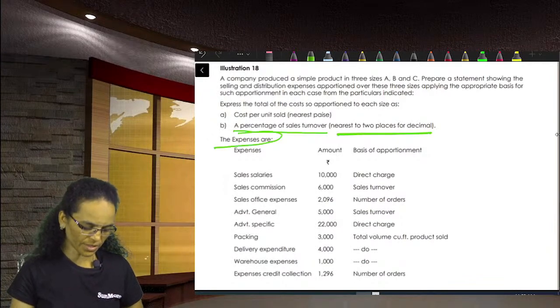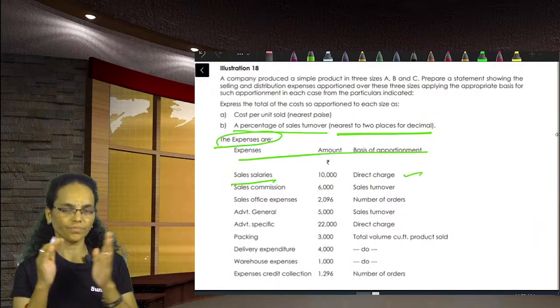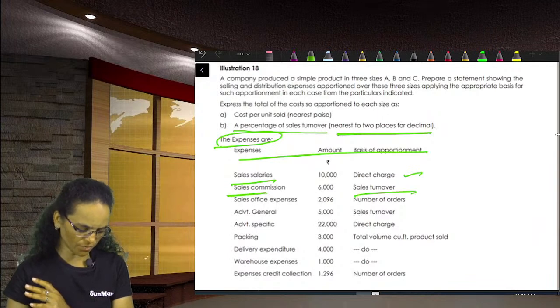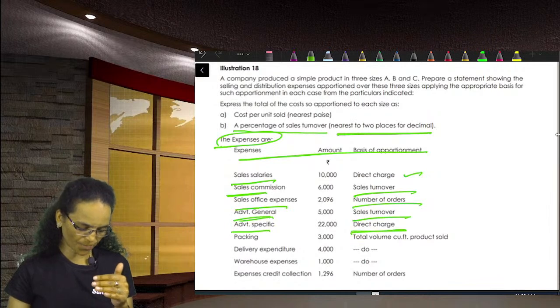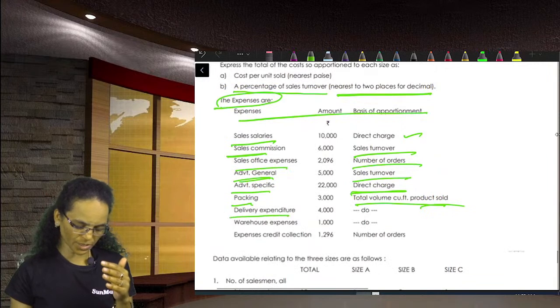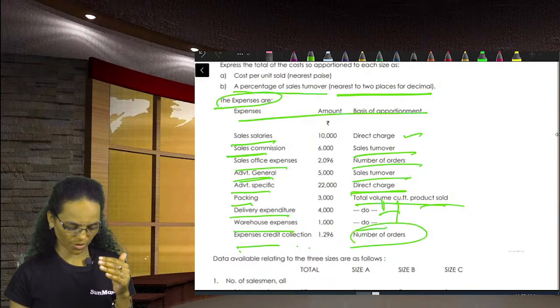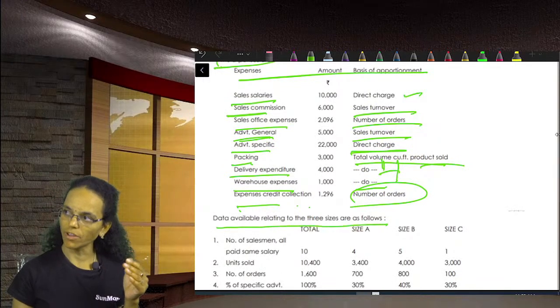Okay, expenses given, on what basis, and direct charges. Commission, turnover; sales office expenses, number of orders; advertisement general, sales turnover; advertisement specific, direct charges; packing, total number of products sold; delivery expenditure, the same thing; warehouse expenditure, same thing; credit allowed, number of orders. Data available relating to the three sizes are as follows.